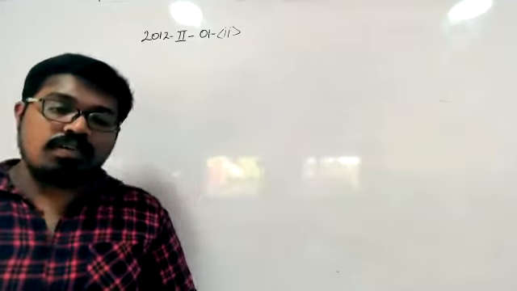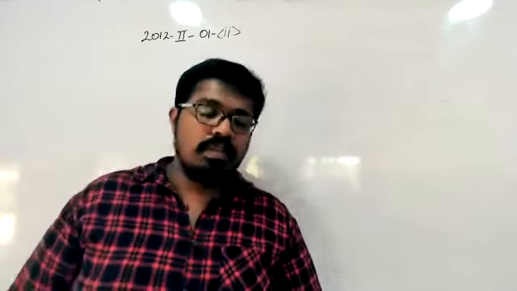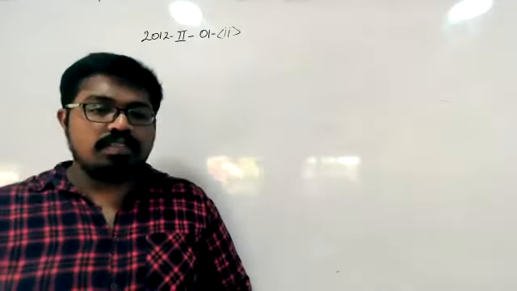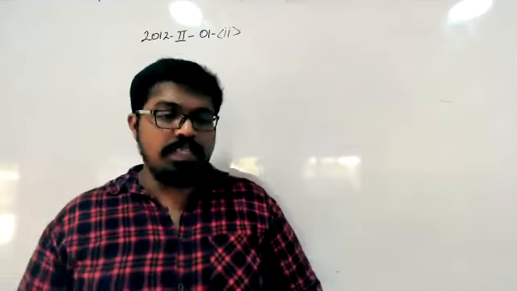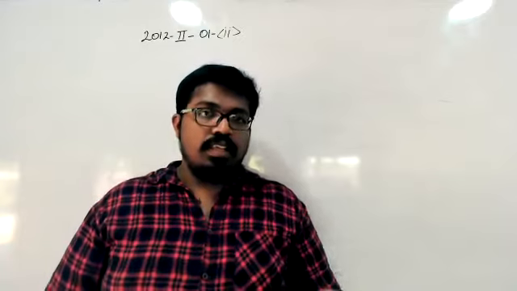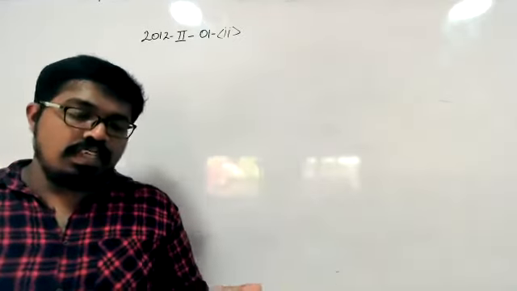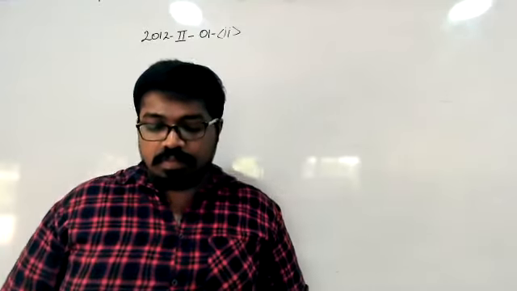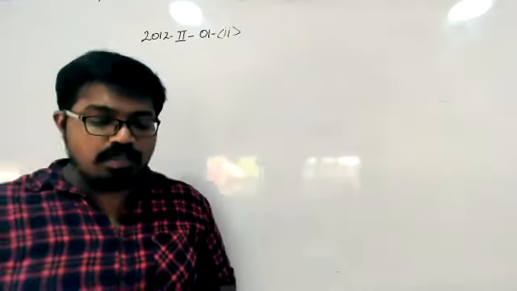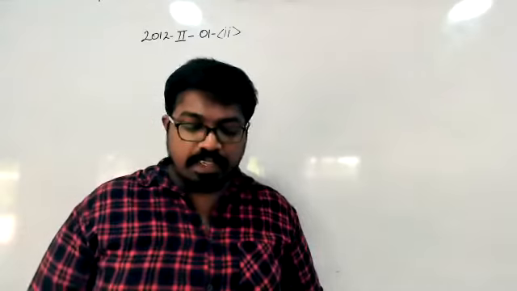We studied about the coding systems, 5 coding systems: BCD, EBCDIC, Unicode, and ASCII. So here they are asking about the coding system used to represent characters.